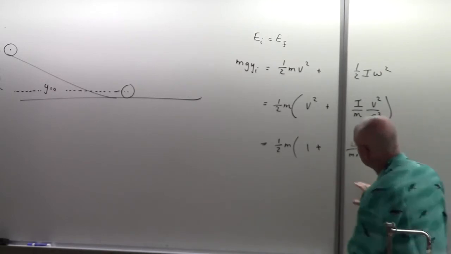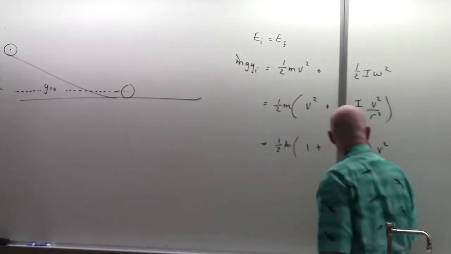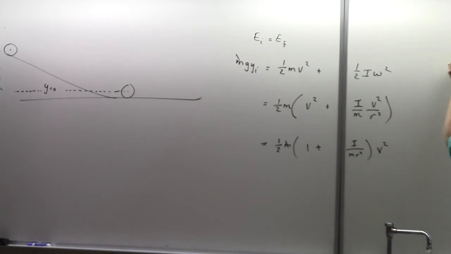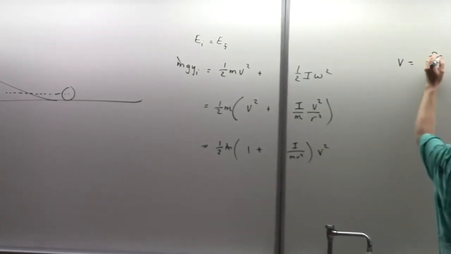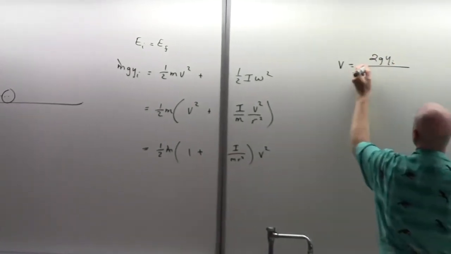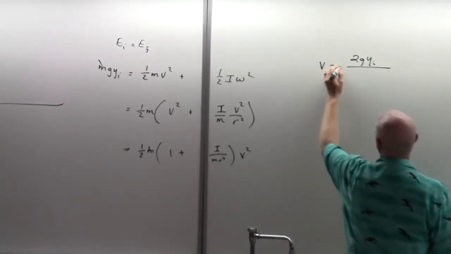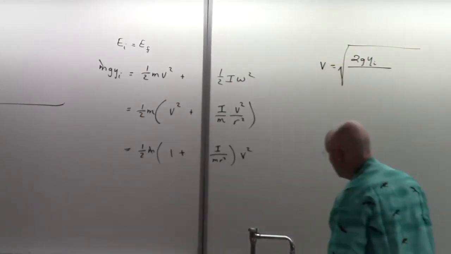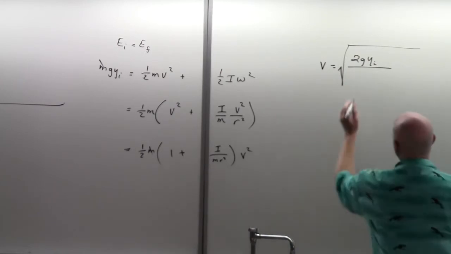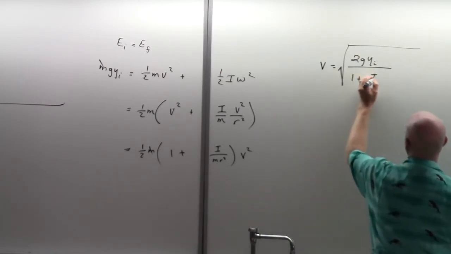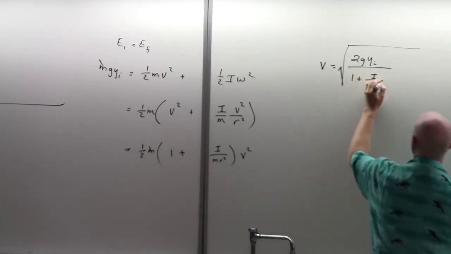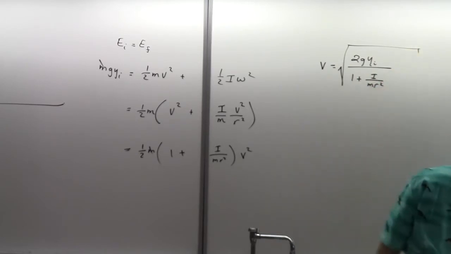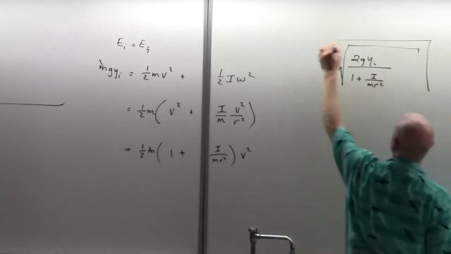We cancel an m on each side and solve for v, and we left off with 2gy initial height on the top, and on the bottom was 1 plus I over m r squared. I wanted to put that back here on the board.